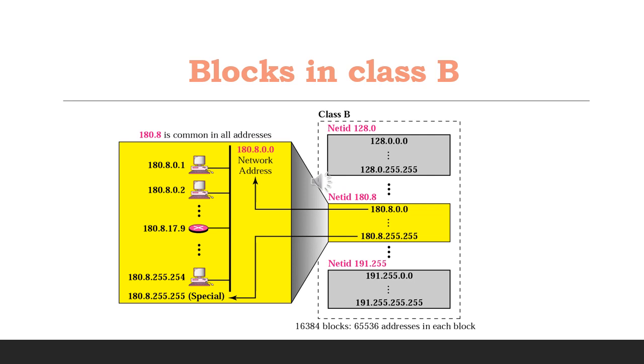Now class B has two octets as network ID. The values in those two octets are written the same, and the values in the remaining two octets, which belong to the host ID, are represented as 0.0.